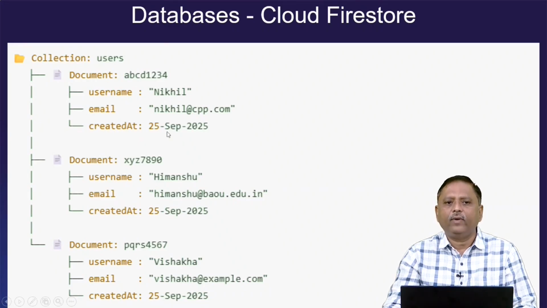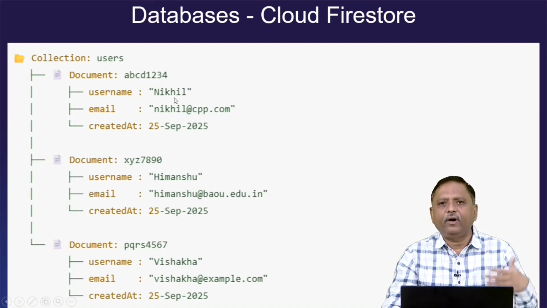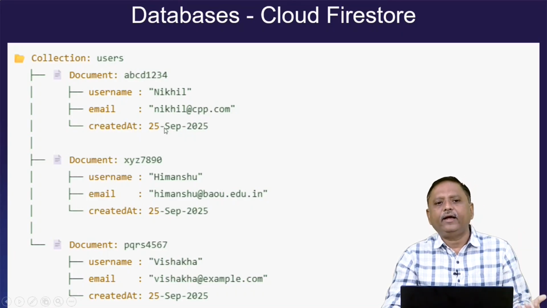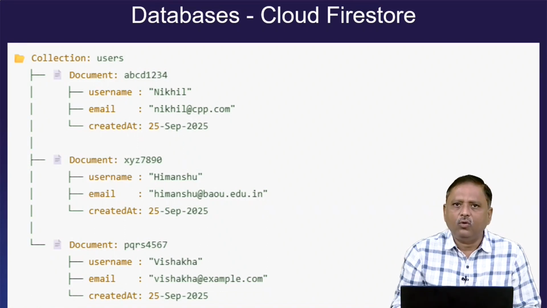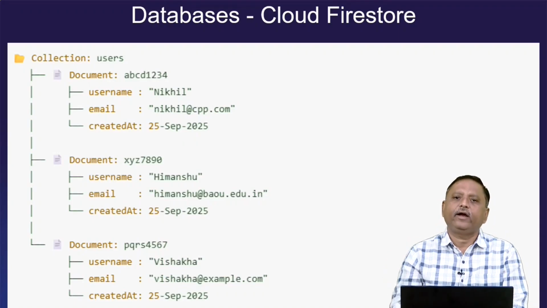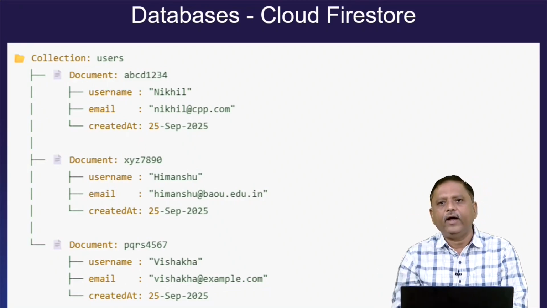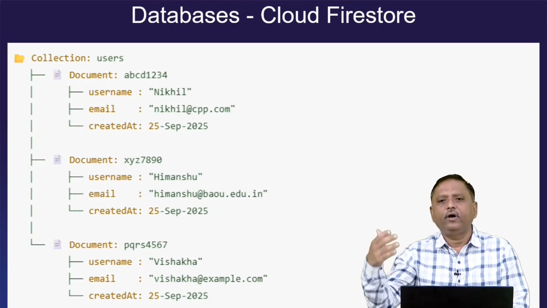So, this is one document, this is another document and this is a third document, which are part of the collection users. Now, each document consists of multiple fields of different types. For example, username and email are of type string and created at is of type timestamp. Now, you can understand how to organize your data. We have to create collections, inside that we have to create documents, and a document may contain multiple fields of different types to store different data.